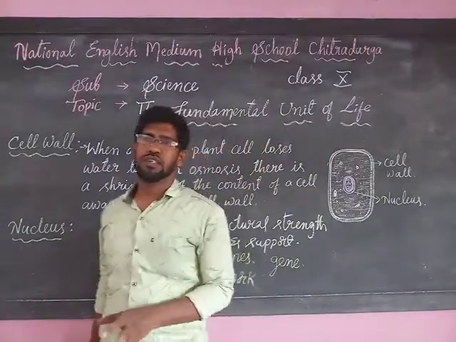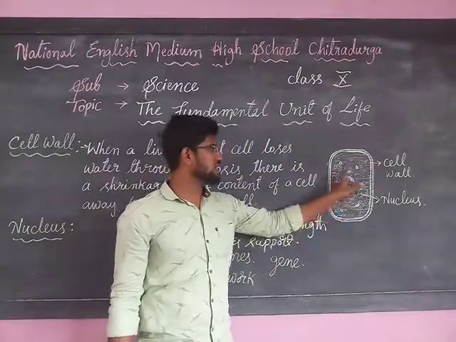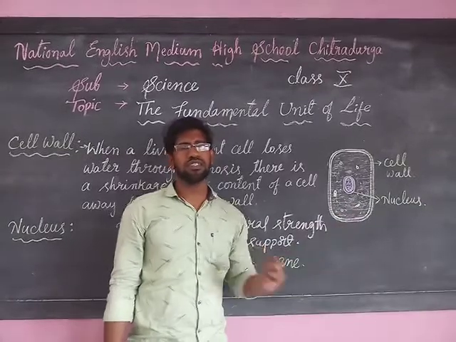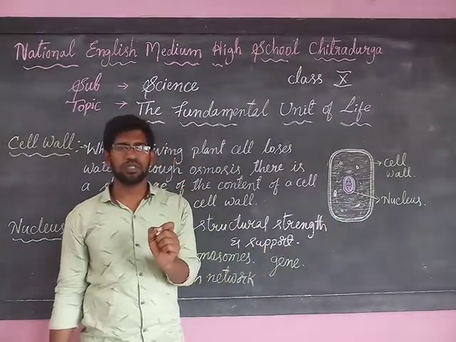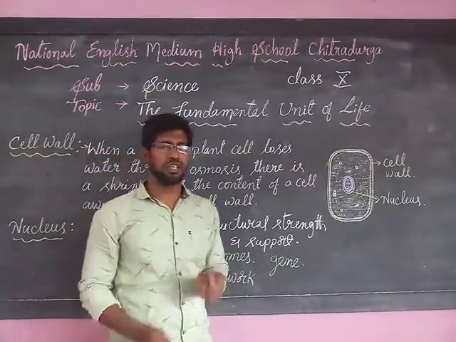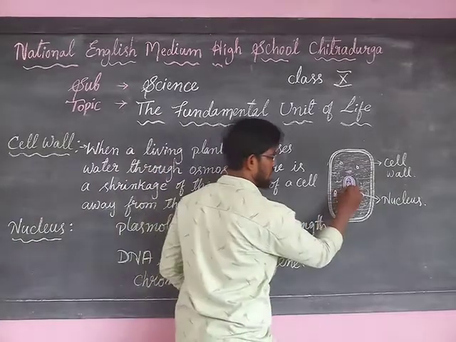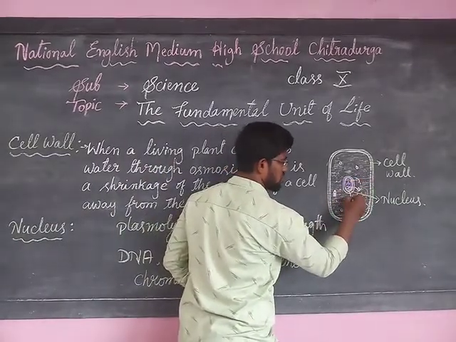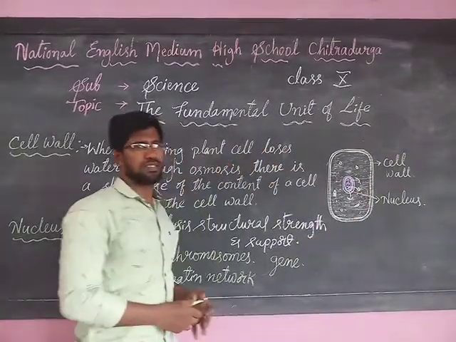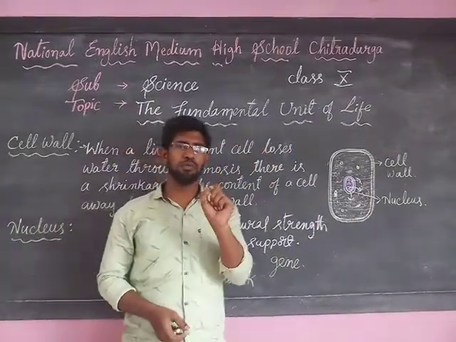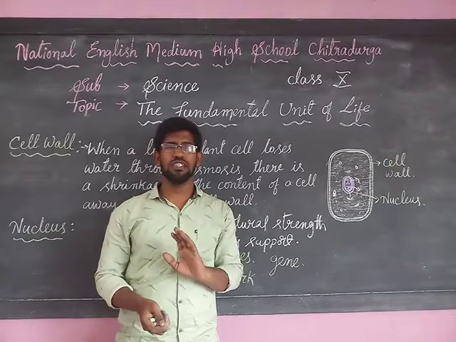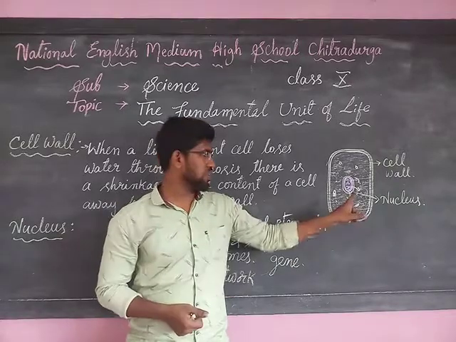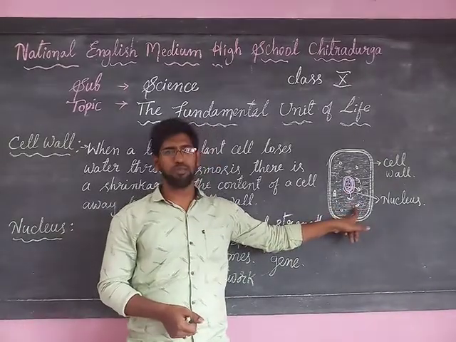Not only this, the nucleus which contains the nuclear membrane, this nuclear membrane has pores which are responsible for transferring material from inside the nucleus to outside the nucleus, that is, to the cytoplasm. Remember, minute pores are present which help to exchange materials between the nucleus and the cytoplasm.